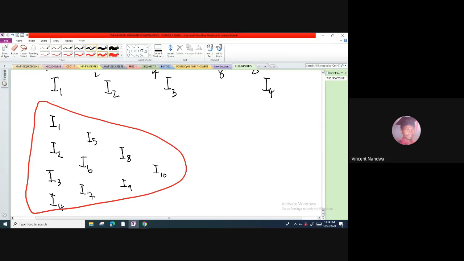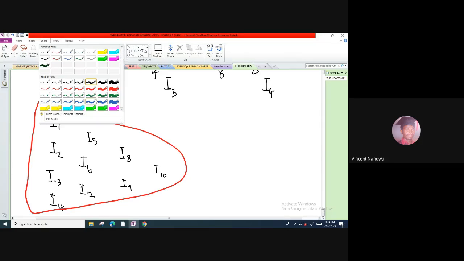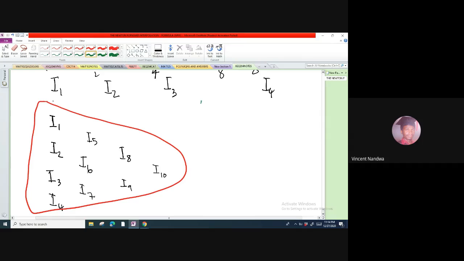Remember from this scheme, to define I5, it is simply given by 1 over 3 into 4 times the lower one, I2, minus the upper one, I1.